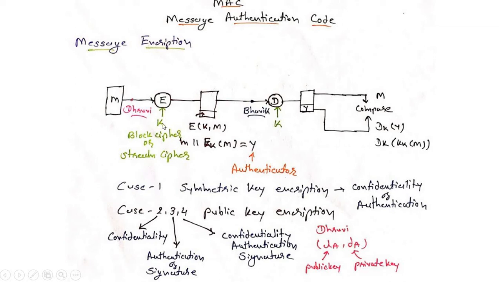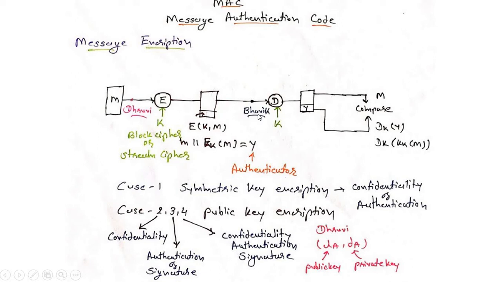In terms of symmetric key encryption, Dhruvi will use a block cipher or a stream cipher. Dhruvi will produce the key on the message, and Dhruvi will do the encryption. Whatever message is traveling inside the channel is the original message plus the encrypted message. We indicate it with Y. So Y is an authenticator, and this provides the authenticity.